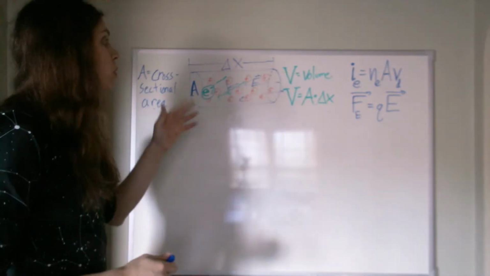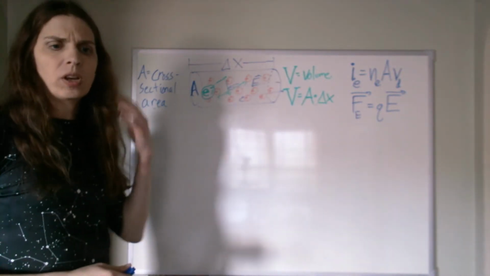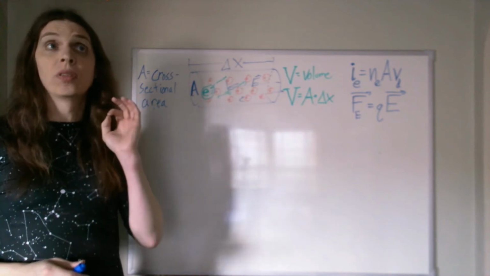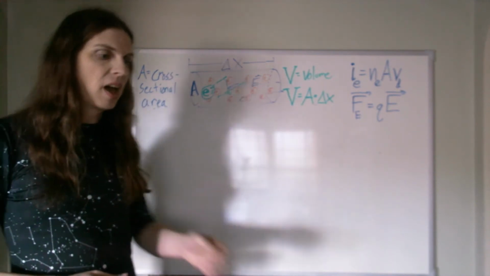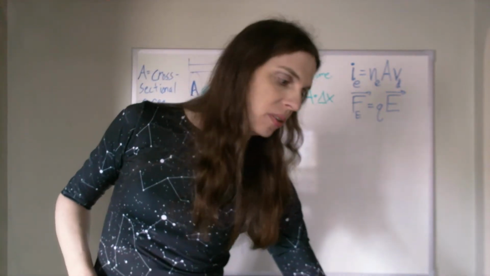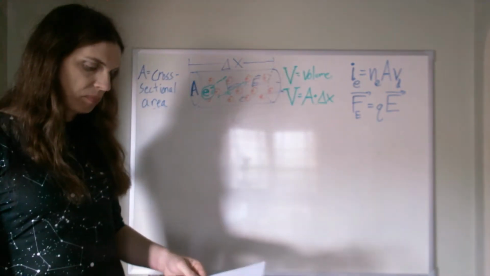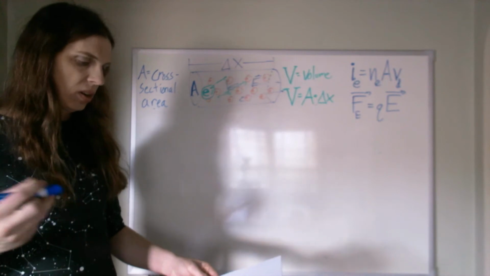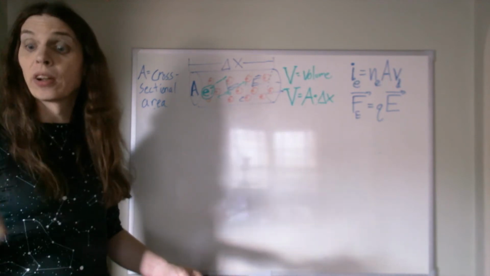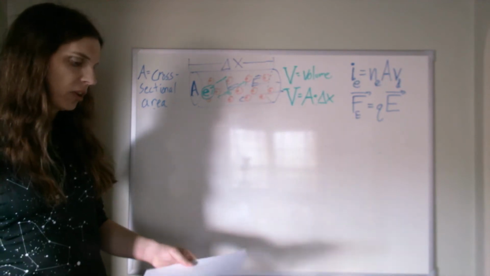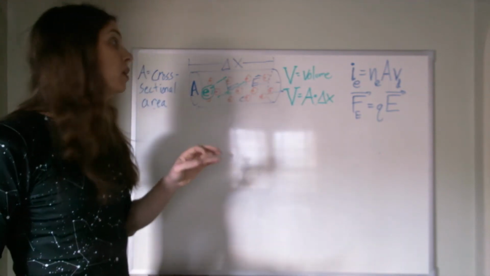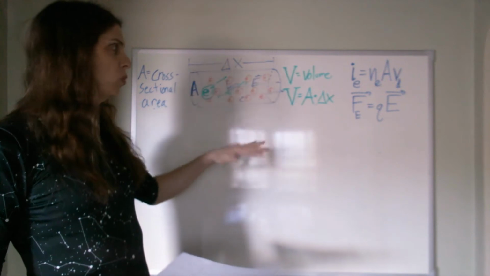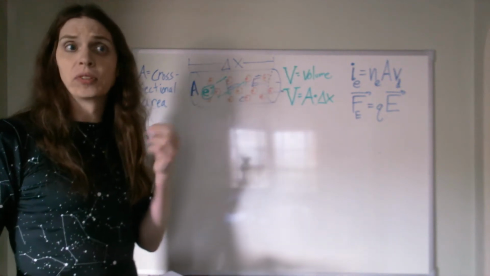Okay, so here we're going to try to show the connection between the electron current and the drift speed and the electric field. In the previous video, we defined a variety of terms.